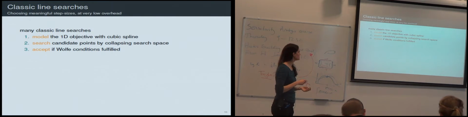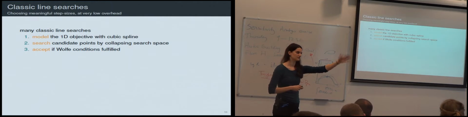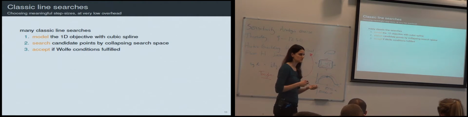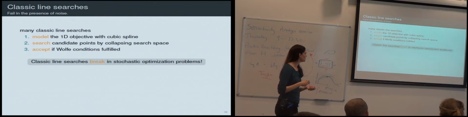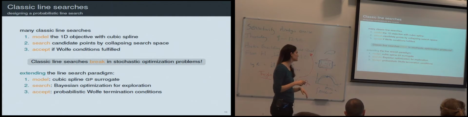OK, so in summary, the classic line searches model the one-dimensional objective with a cubic spline. Then they search for candidates by first extrapolating and then stopping and going backwards. And the third thing is the Wolfe conditions as acceptance criterion. Now we're going to translate this to the setting when we have noise.